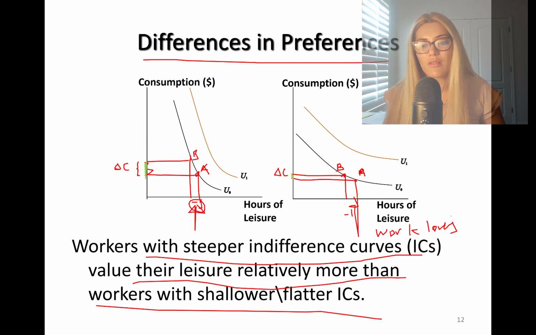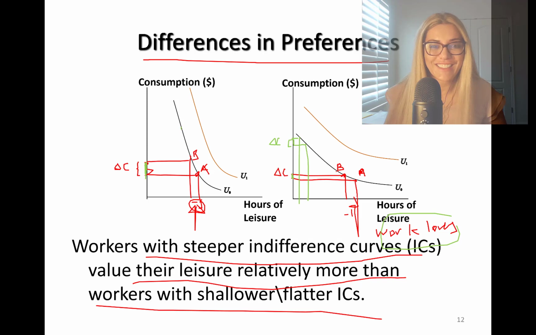So these are work lovers. They don't require a lot of consumption goods. And if you look at even the top part, 1 unit, let's say A to B, they require a little bit of consumption. I'm just eyeballing it, this much delta C. Look at this one. For 1 unit, they don't even have low levels of leisure on the indifference curve.